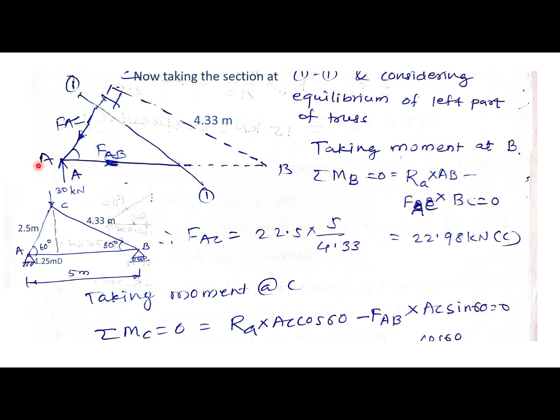Let me revise how we have put the sense in the beginning while applying the method of joints. Since this reaction is vertical, in order to balance it we need a downward force, which we get by applying this force in a downward direction, so that it will have two components.